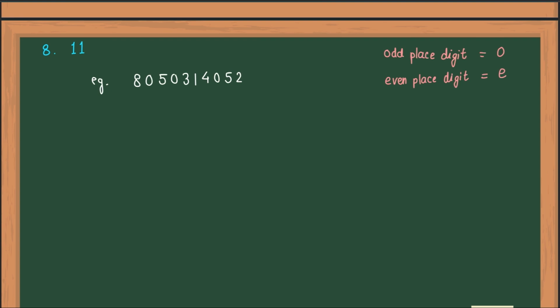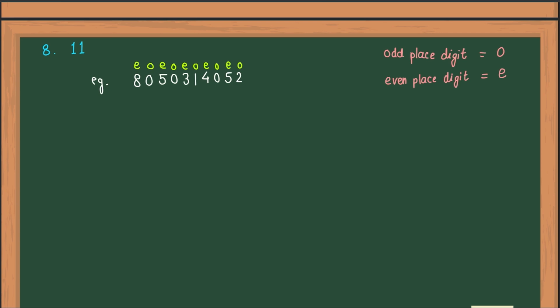So you are moving in an alternate manner. If I write this as O, because the rightmost digit will always be the odd place digit, my next digit will be E, then O, then E, then O, then E, then O, E, O.